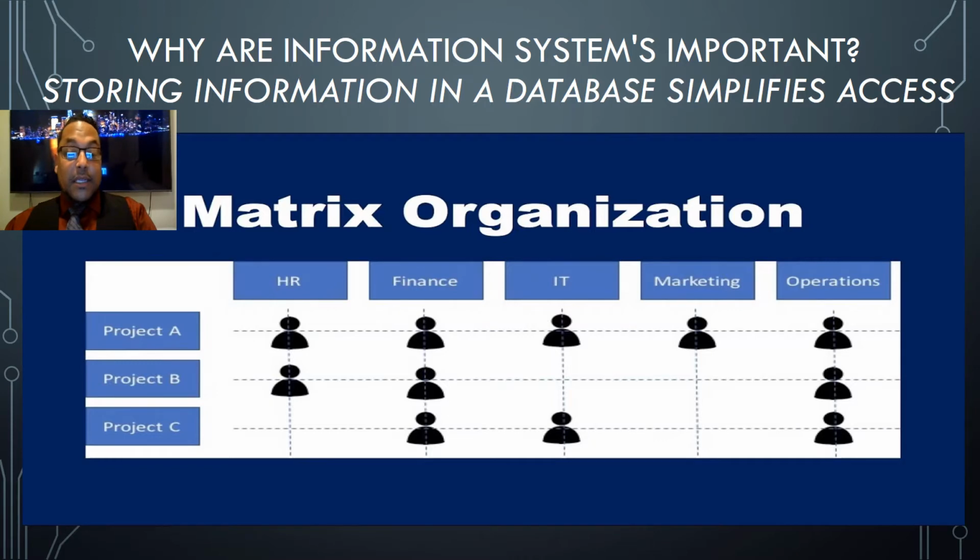As we see the IT department as the third depicted department that has stake in only project A and B, they too are still within the realm of not only being charged with storing this information, but the ability to utilize it for their business purposes as they add on to the organization as a whole.